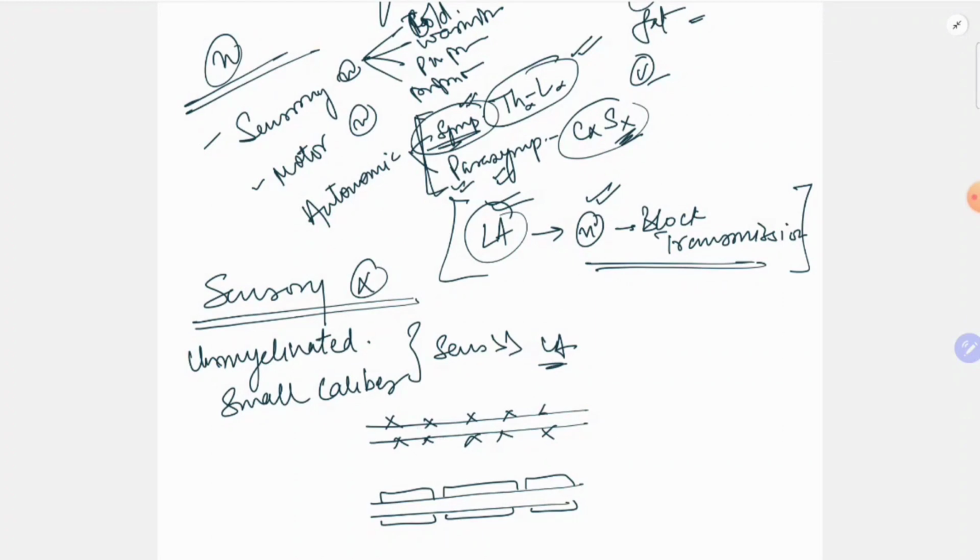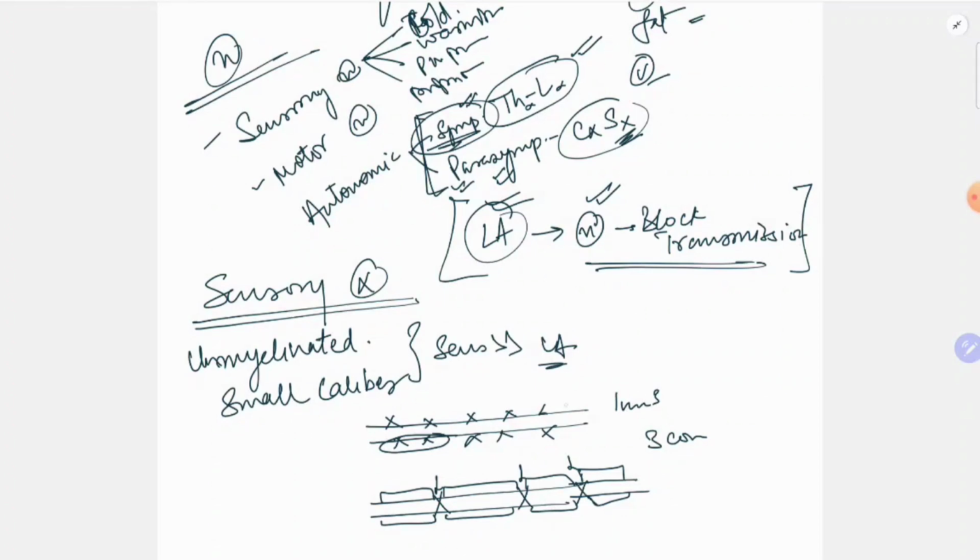And I read it somewhere that I think 1 millimeter cube of volume is required, or basically for a myelinated nerve, you need 3 consecutive nodes of Ranvier to be blocked. Only then there will be effective blockade in the nerve transmission.